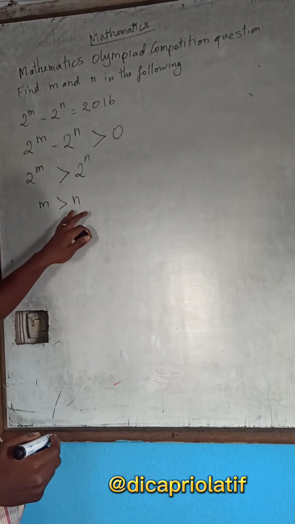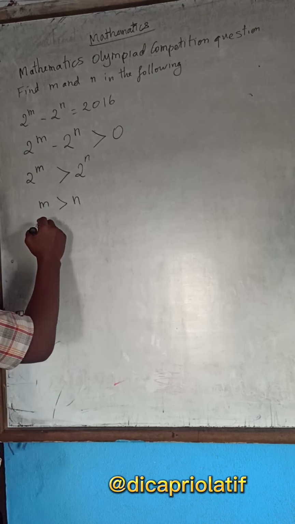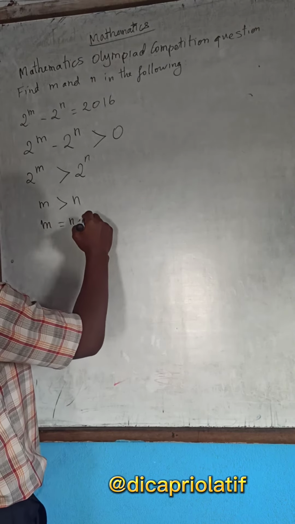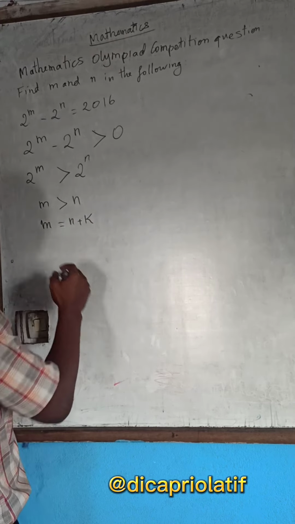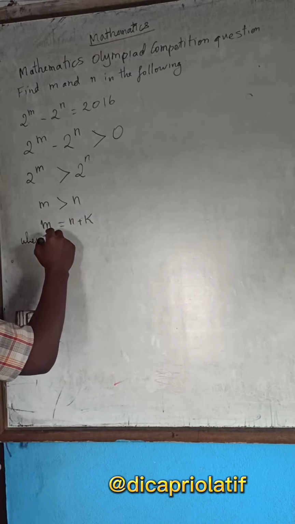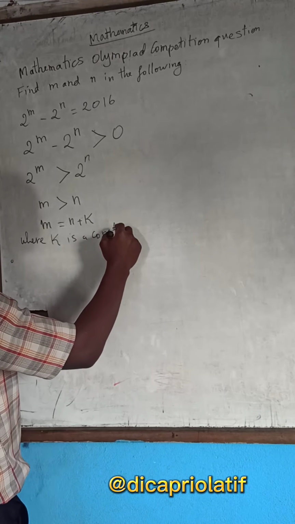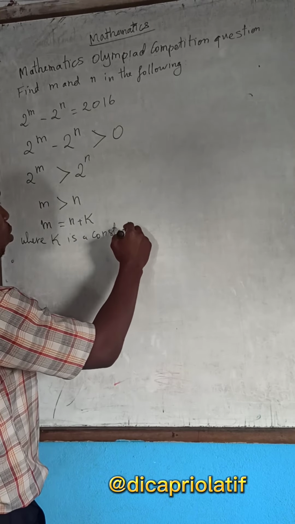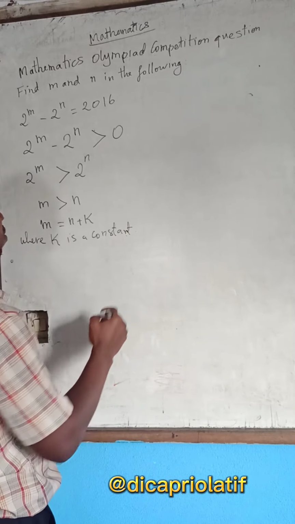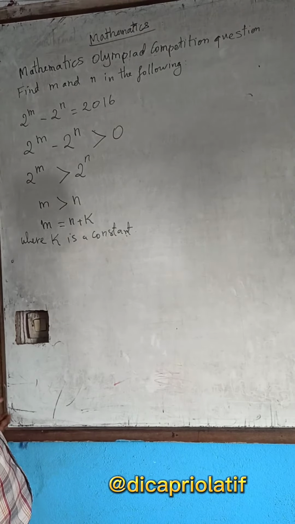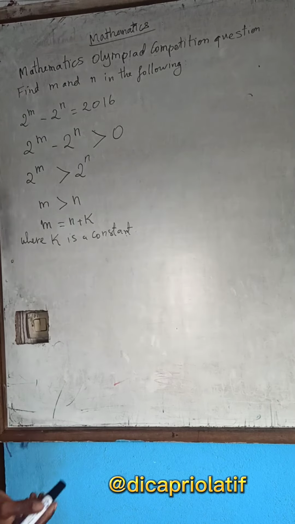And if m is greater than n, that means m is equal to n plus k, where k is a constant. So k is any positive constant. You can choose k from everywhere. So any value can be k.